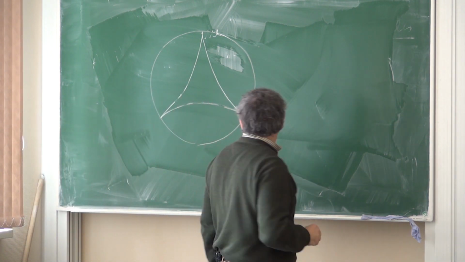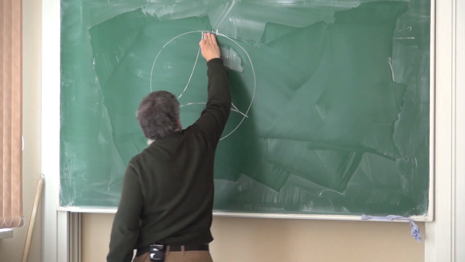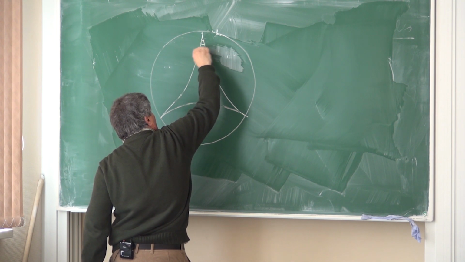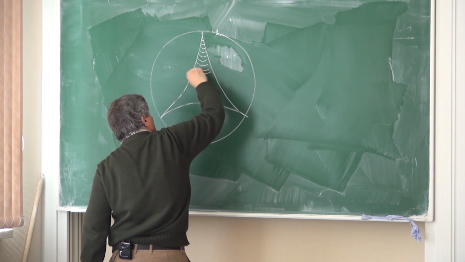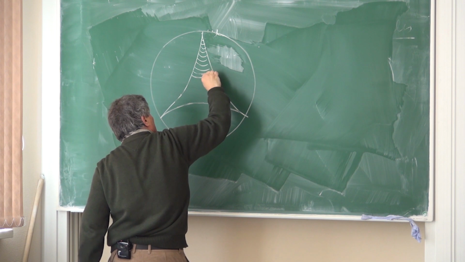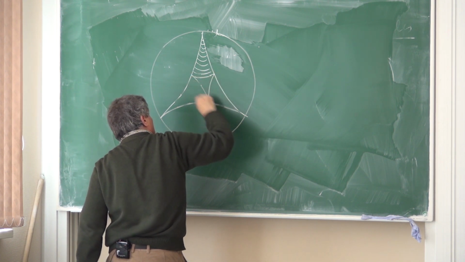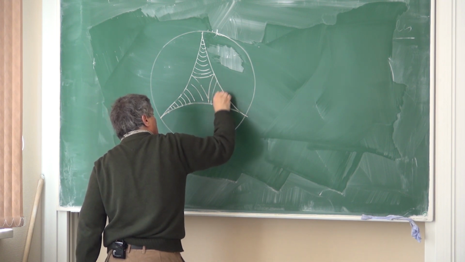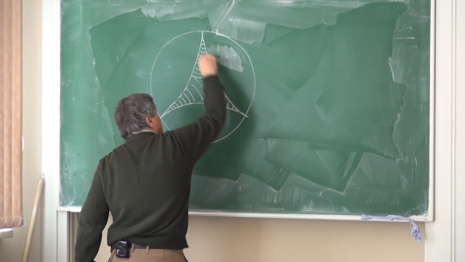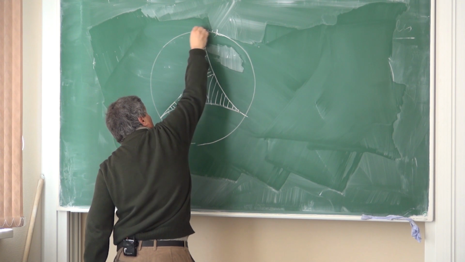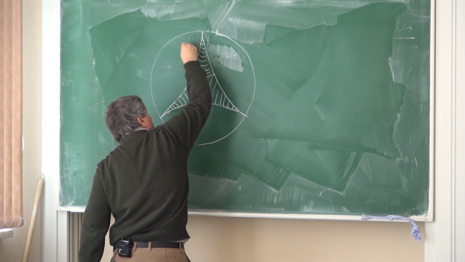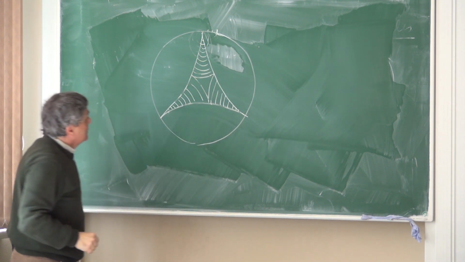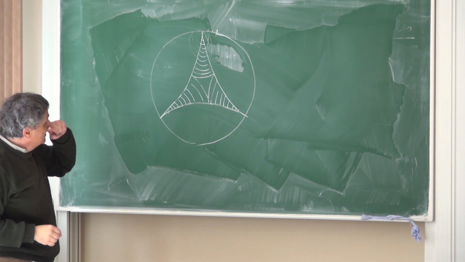And this ideal triangle is equipped with this foliation by horocycles centered at the three vertices. These are the horocycles. This is uniquely defined.